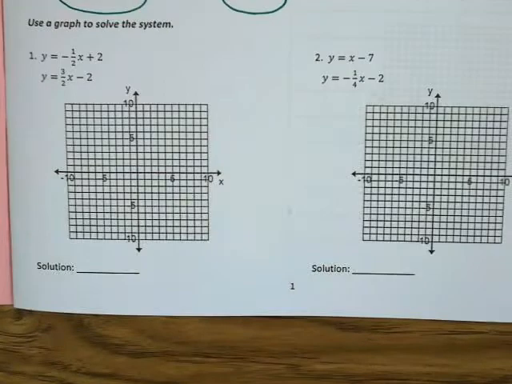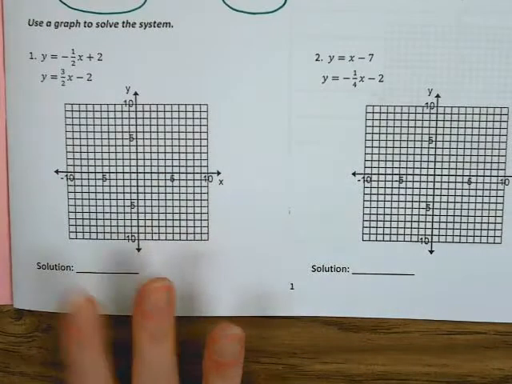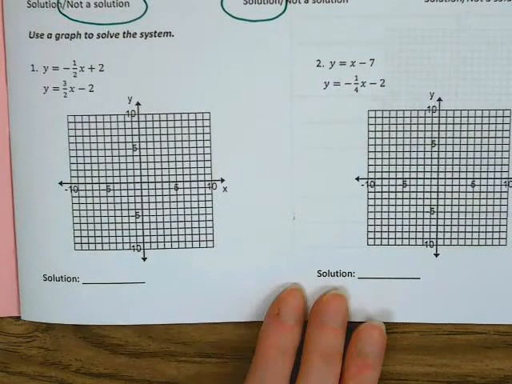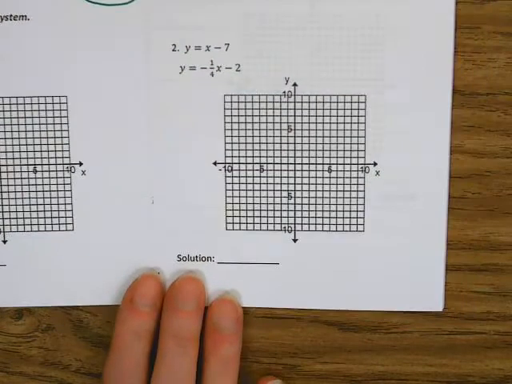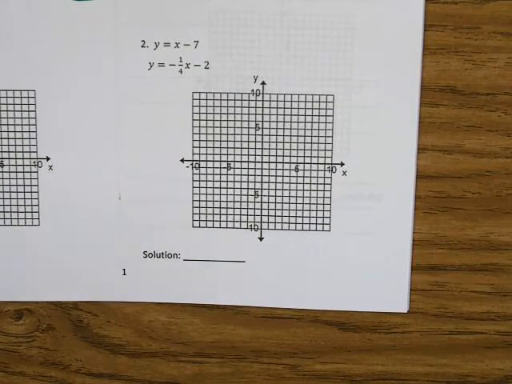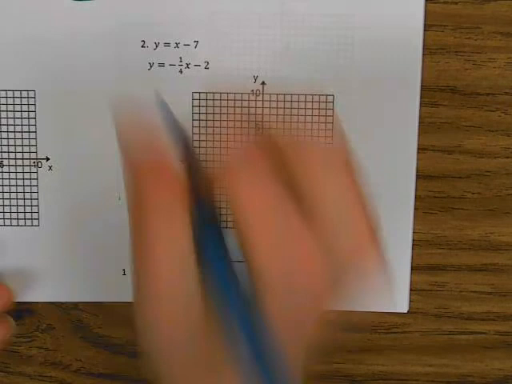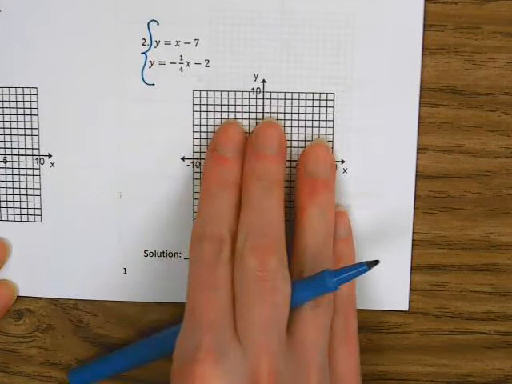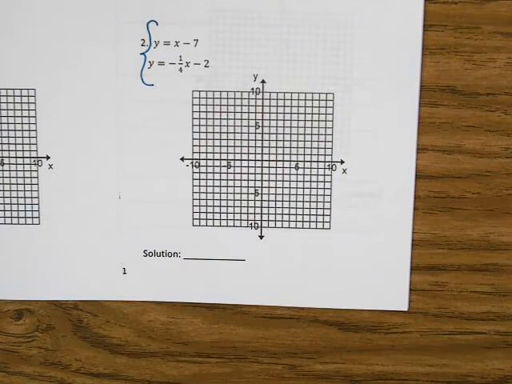Now, how do you actually find it from scratch so you don't have to do all that annoying guess and check from yesterday? So let's look at number 2. If they give you a system, one way to find a solution is by graphing. So go ahead and graph these two lines and we're going to see what happens.